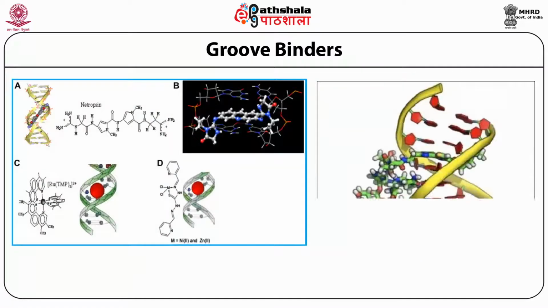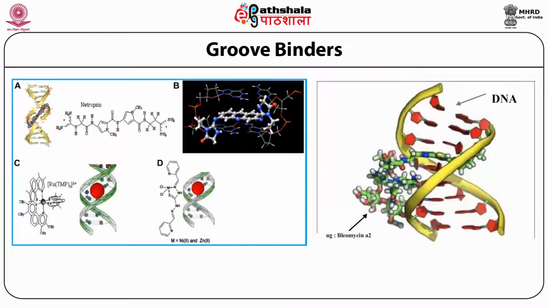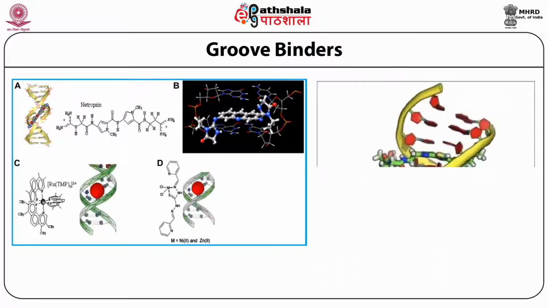You can see here some groove binders like netropsin that bind to the minor groove of the DNA, then some other groove binder, which you can see here, bleomycin A2, and how these bind to the groove.